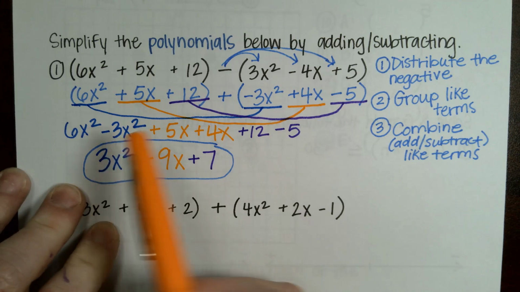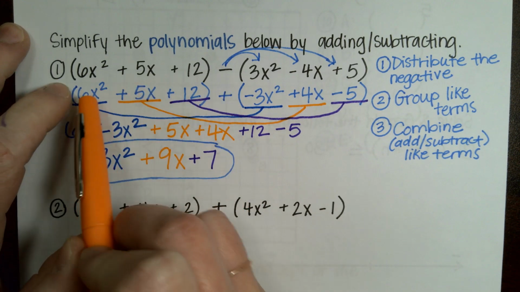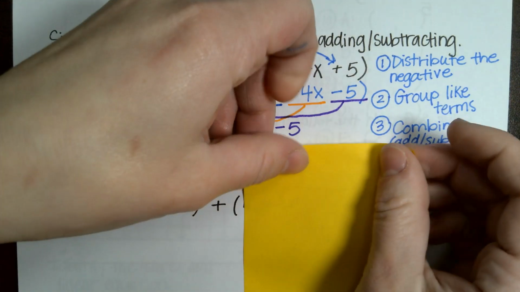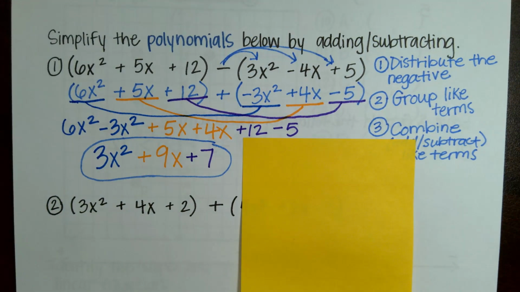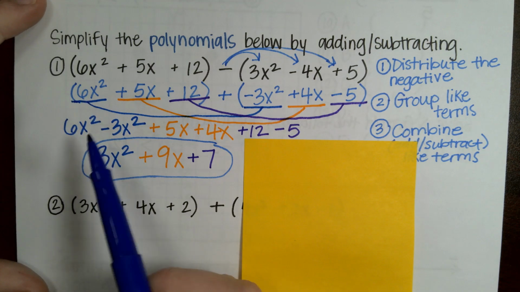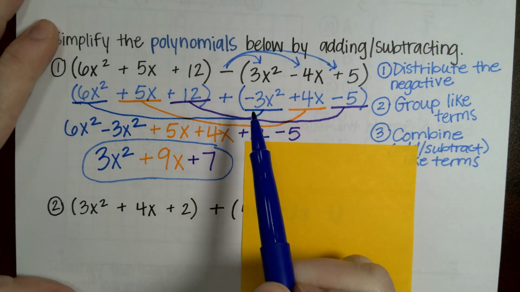Okay, so if that confuses you, just remember this is one of our addition and subtraction rules. Let me get a sticky note to kind of explain. Okay, so whenever we are bringing our terms down, here's a better way to think of it. Let's not think of the theory behind it. Let's just think of what we're doing.